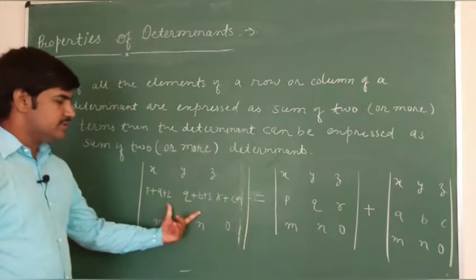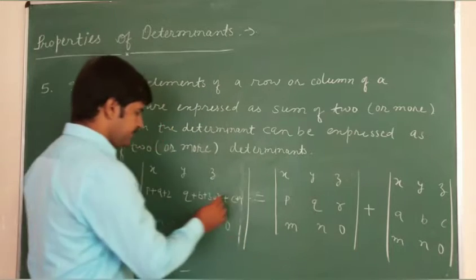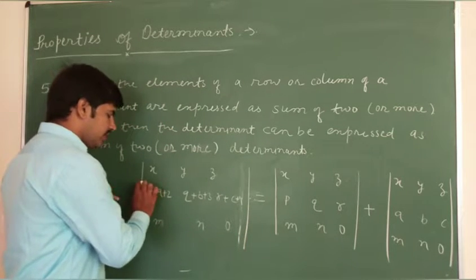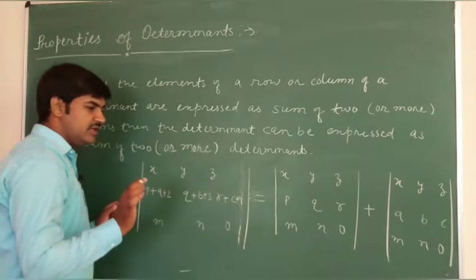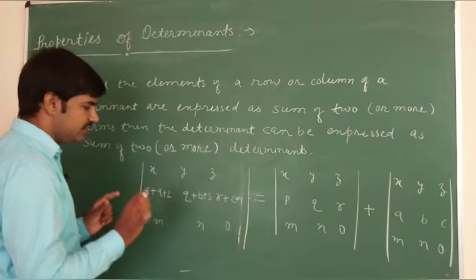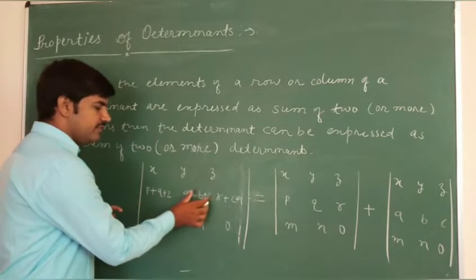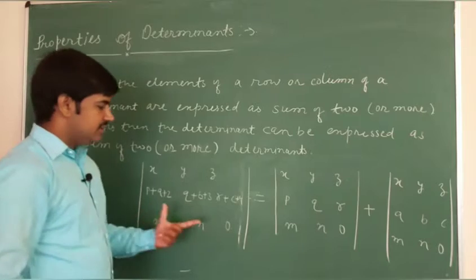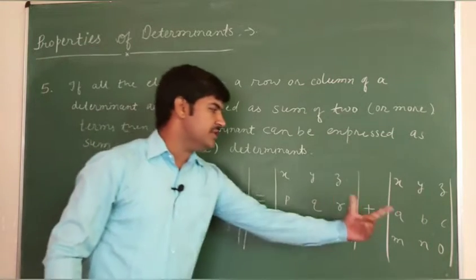So since R2 contains all the elements expressed as sum of 3 terms, this determinant can be expressed as sum of 3 determinants.